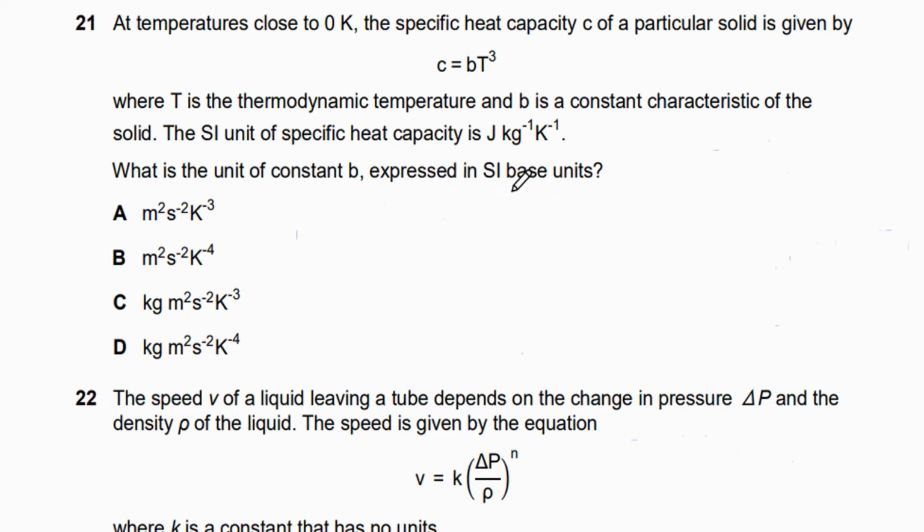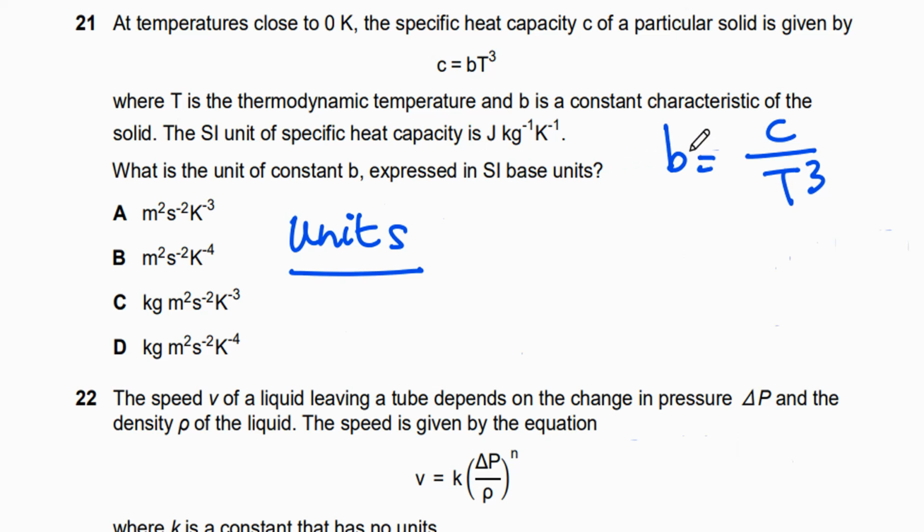Since we want the SI base units of B, we can start by making B the subject of the formula in the equation. So B will equal C over T cubed. We can bring in the units of measurement. So the units then, we are given the SI units for specific heat capacity C. So that's joules per kilogram per Kelvin.